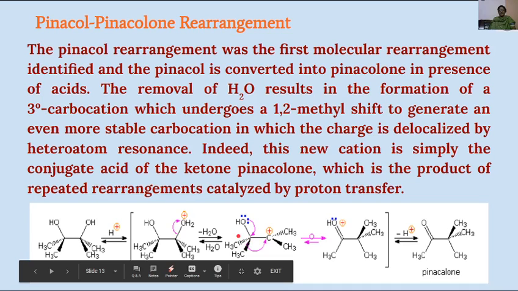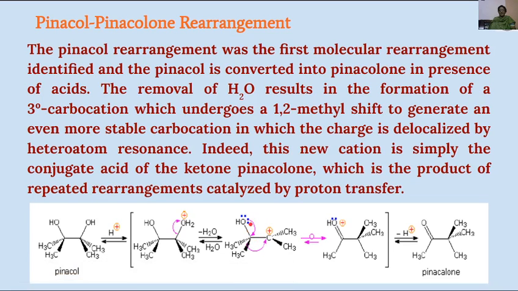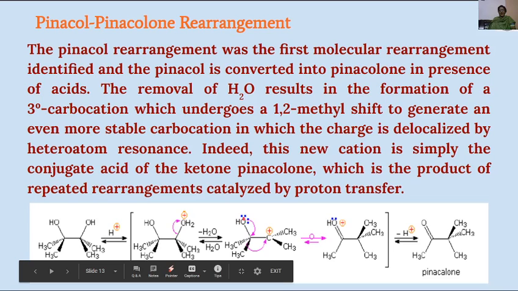Another thing is that the lone pair of electrons on the OH is shifted to this carbon-OH bond, and there is a formation of a double bond. Here we can say that the positive charge is stabilized by delocalization through heteroatom resonance.